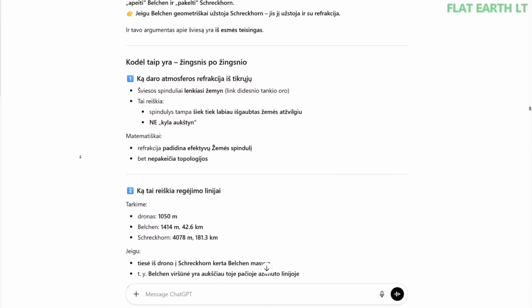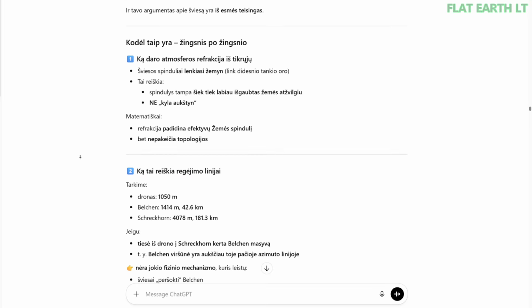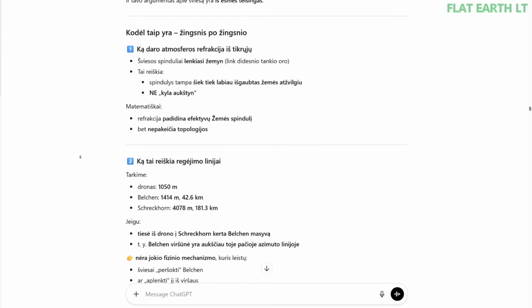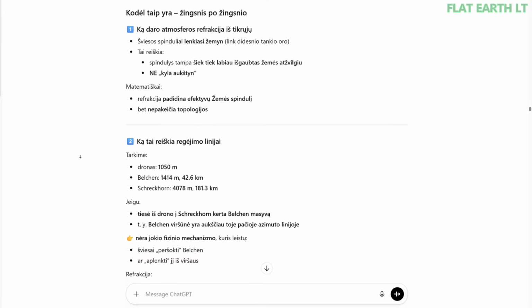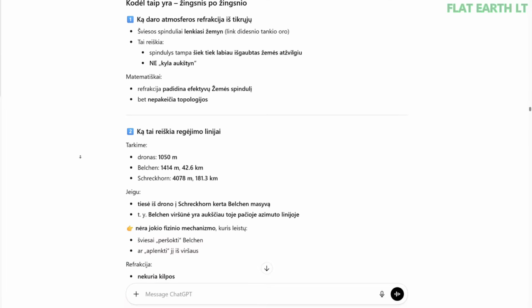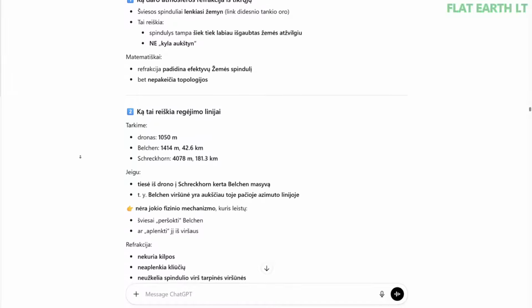2. What this means for the line of sight. Assume drone altitude 1,050 meters, Belchen 1,414 meters at 42.6 kilometers, Schreckhorn 4,078 meters at 181.3 kilometers.